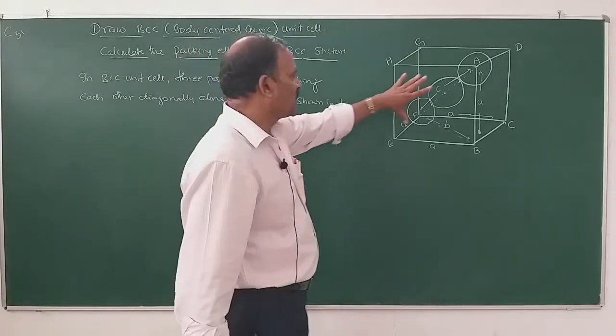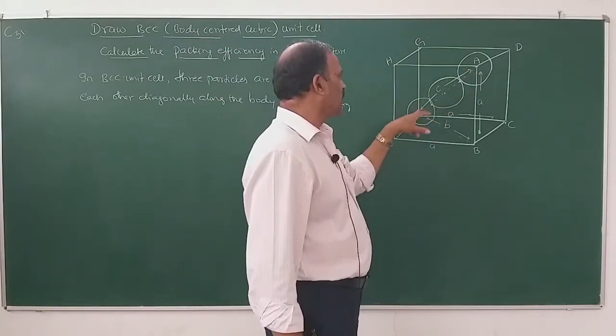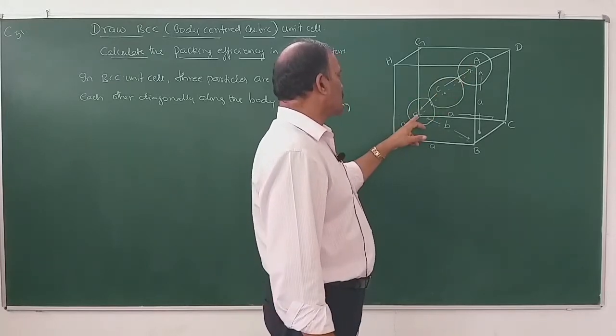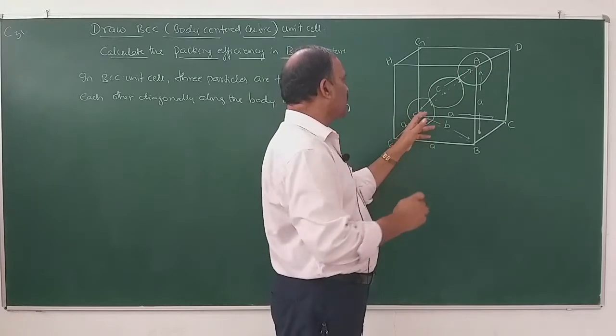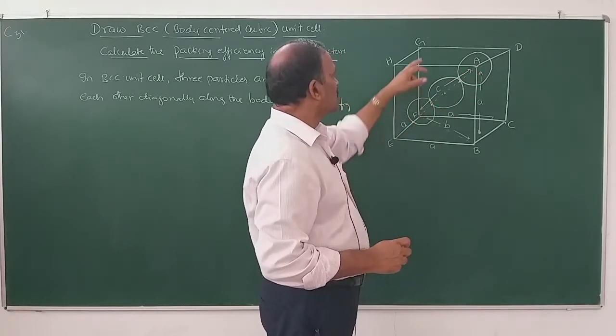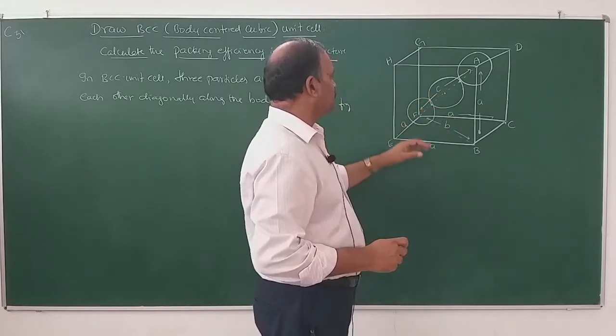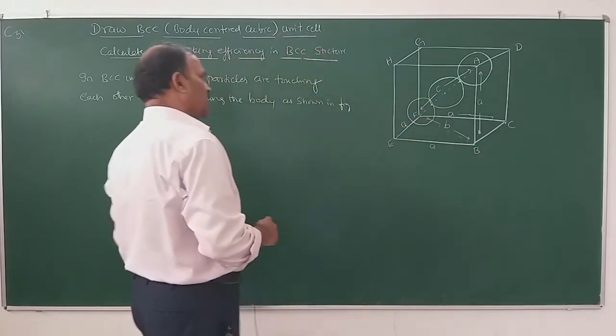F and A are the diagonally opposite corners, you have to bear in mind. G and B are diagonally opposite corners, like that.